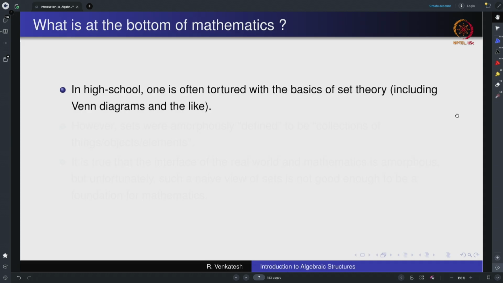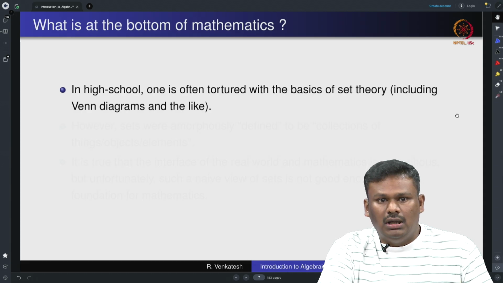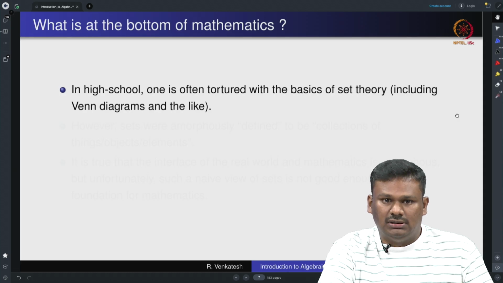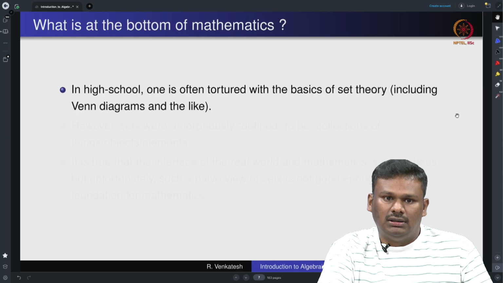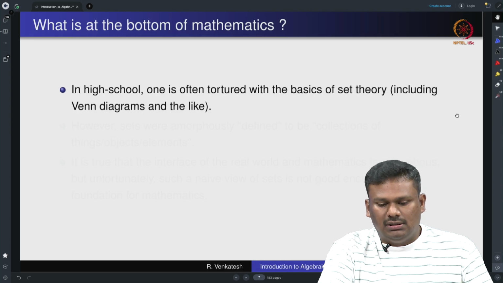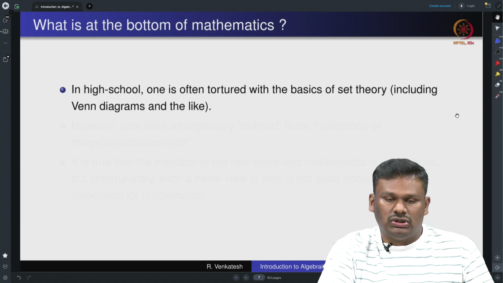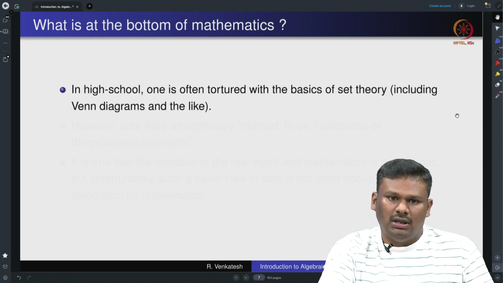In high school one is often tortured with the basics of set theory, including Venn diagrams and so on. But then if you think about it, sets are just defined in high school as collections of things or objects or elements.